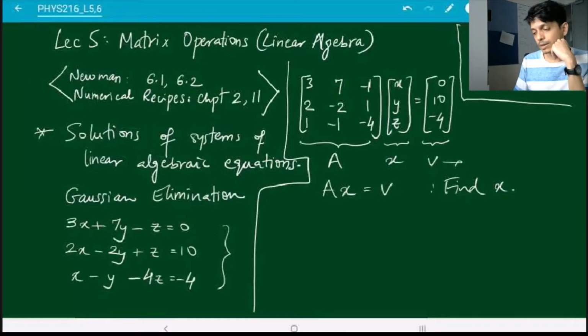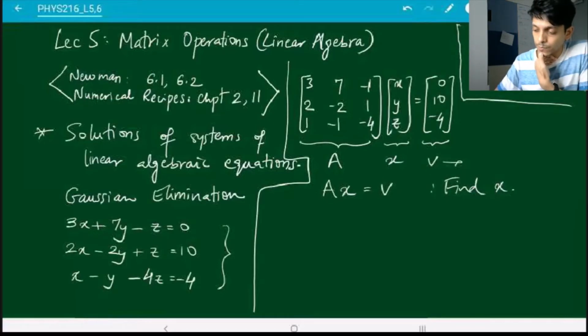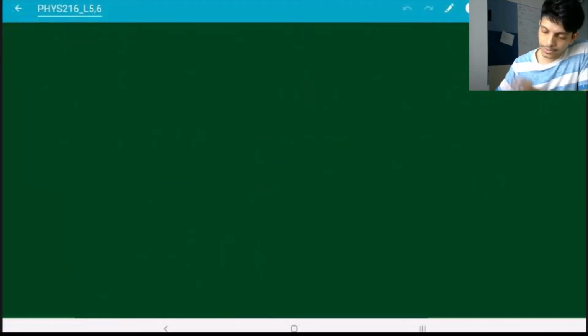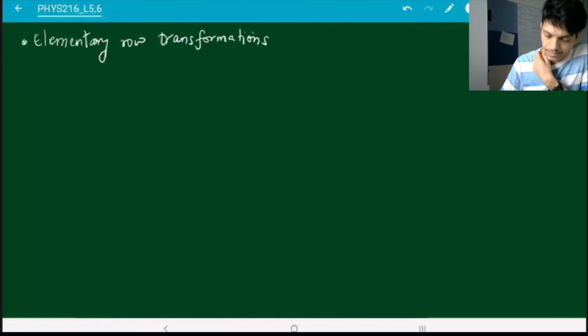So in order to solve this problem, there are three kinds of transformations that are allowed. So we are going to use a method called elementary row transformations. Basically this Gaussian elimination depends on what are called elementary row transformations.